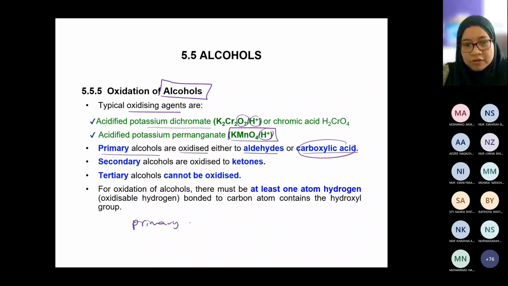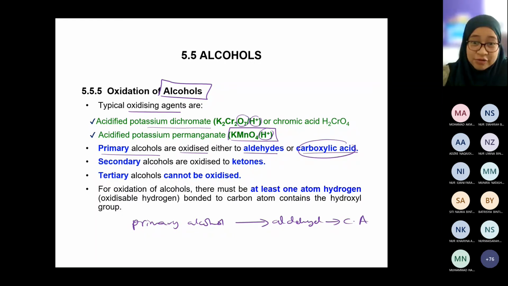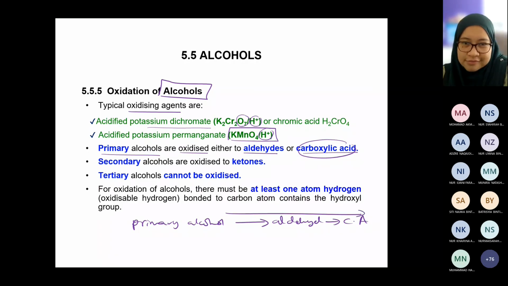Primary alcohol oxidize to aldehyde. Further oxidation will form carboxylic acid. Tapi since these two are very strong, dia akan oxidize this primary alcohol sangat ke carboxylic acid. Dia tak lalu pun aldehyde sebab dia too powerful. Okay? Okay. Next, secondary alcohol will be oxidized to ketones.